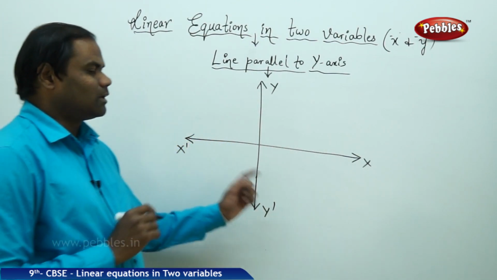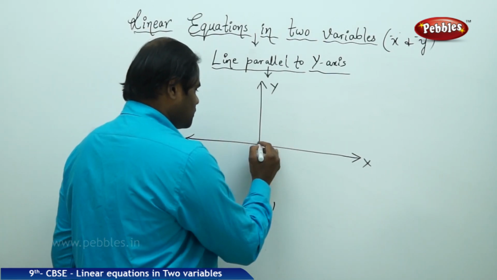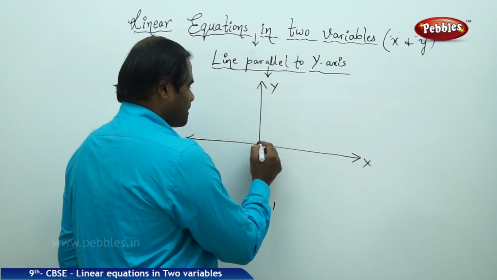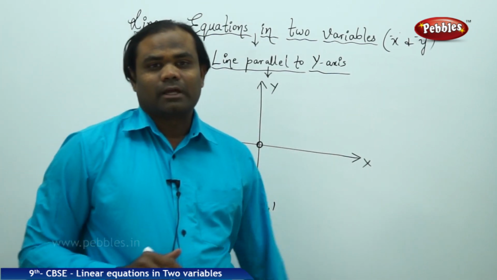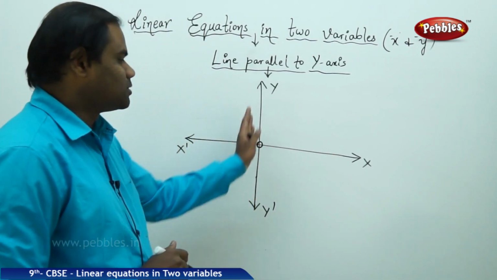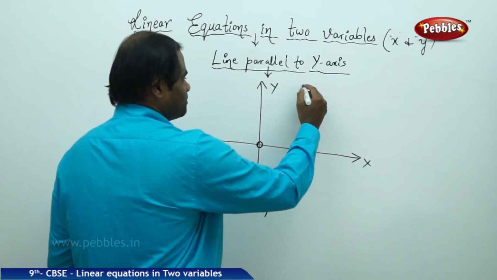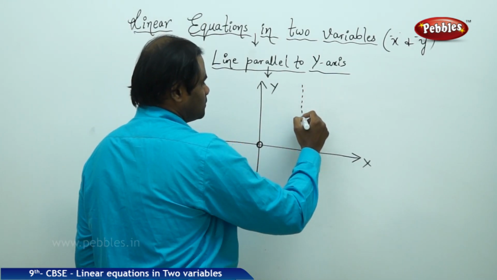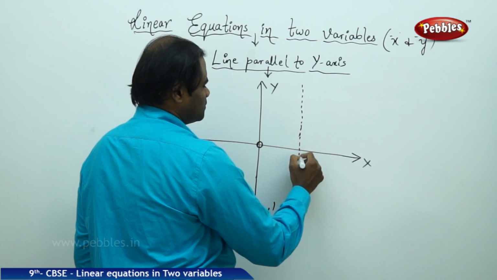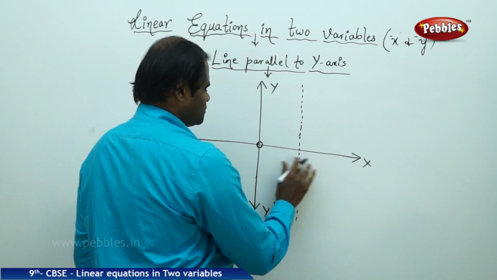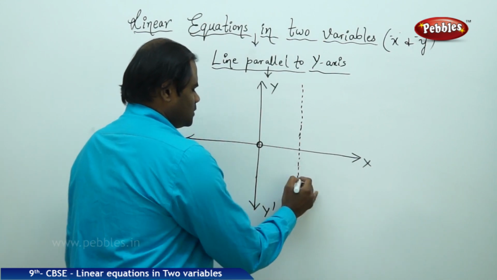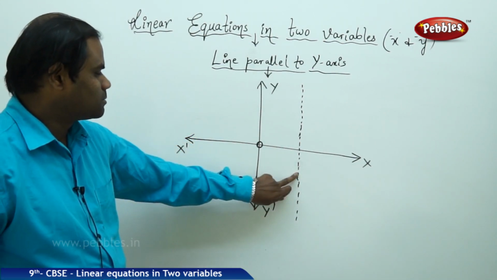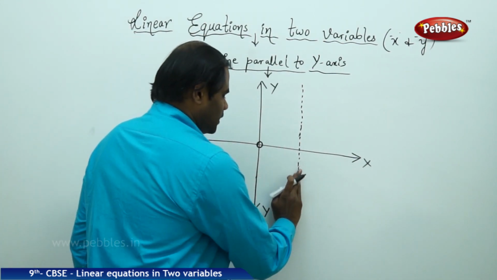x dash and y dash, intersecting at origin, and then let's take a line which is parallel to y-axis. Say for example, I have a line, this is the line L which is parallel to y-axis.